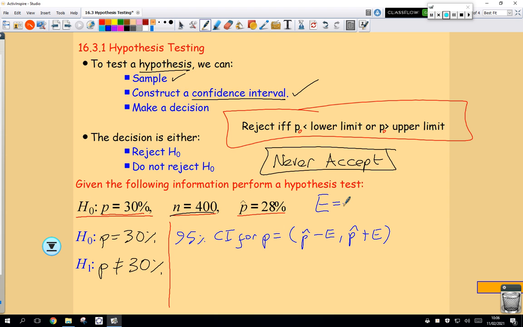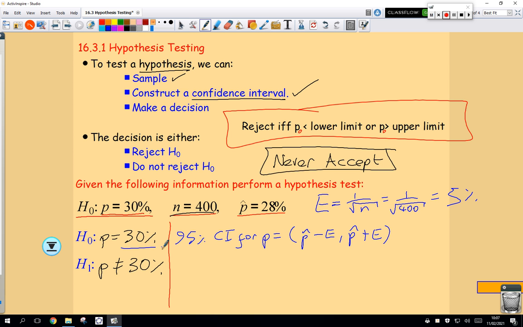On our course, the Leaving Cert ordinary level course, E is always taken to be about 1 over root n. That's 1 over root 400 in this case, which works out as 0.05. But everything's expressed in terms of percentages here, so I'm going to convert that into a percentage.